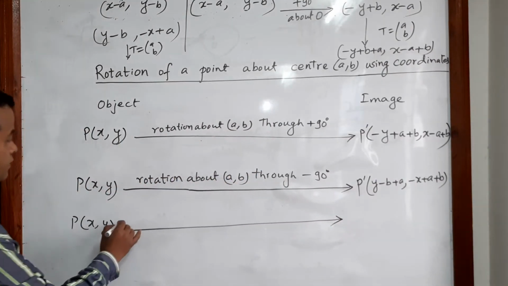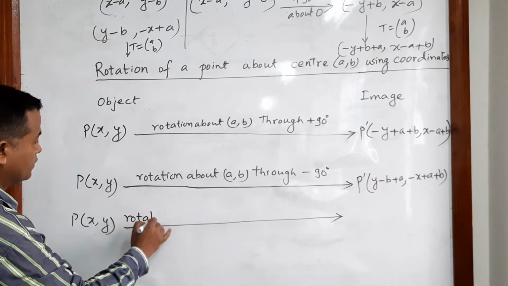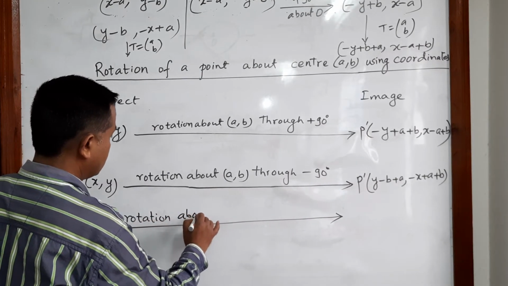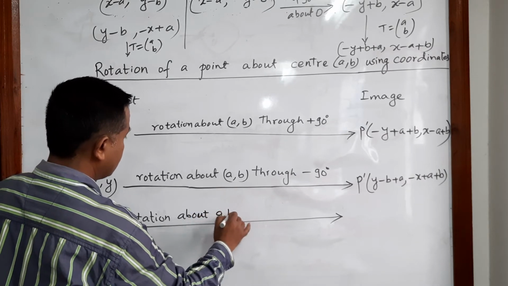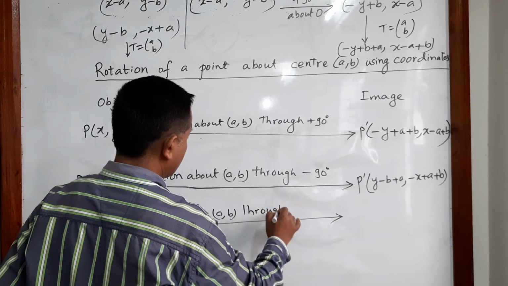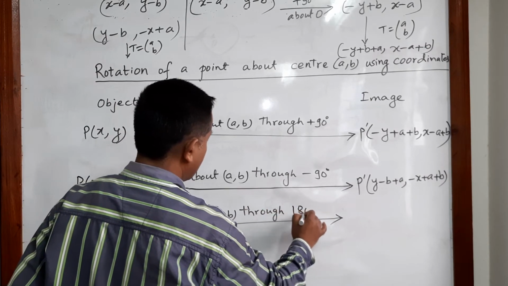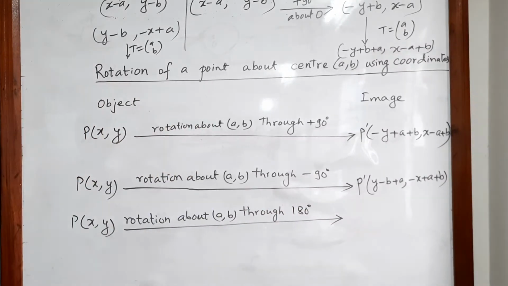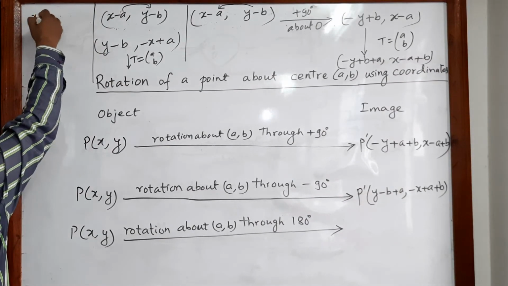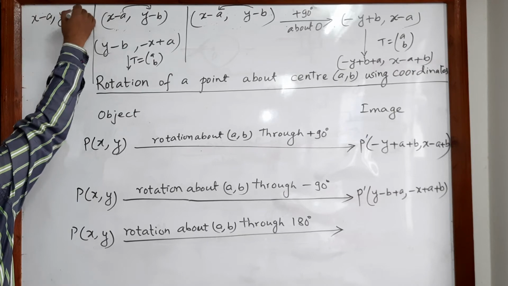Next, rotation about AB through 180 degrees. For this also we write x minus a, y minus b.